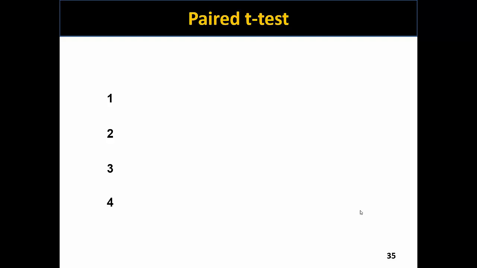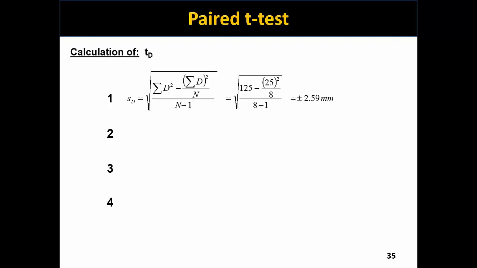We then move on to actually calculating. We start working towards the t calculation, but first we must calculate the standard deviation of the difference scores. And so the equation to do that is prescribed here as the square root of the summed scores that we had on the previous slide. So once again, here we see our summation symbol.